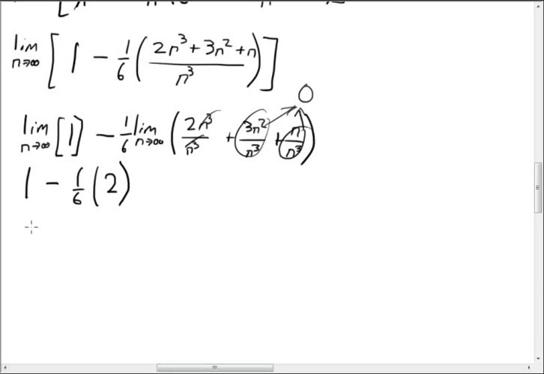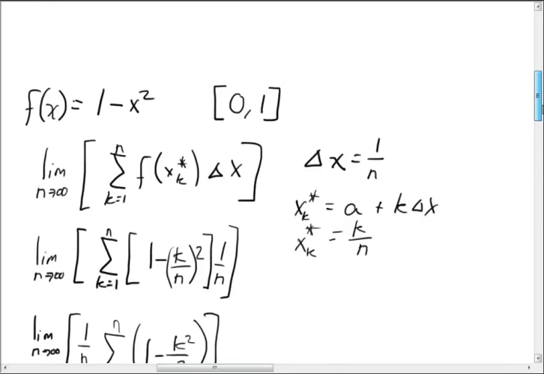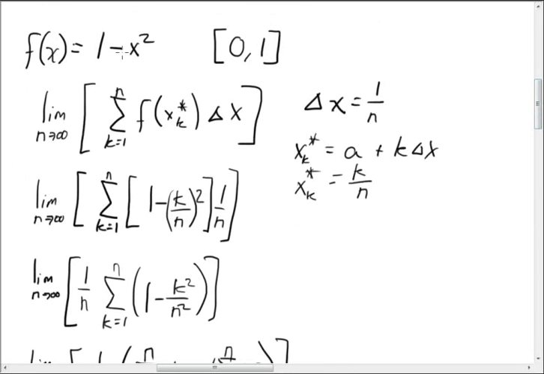And that goes to 1 minus 1/3, which is equal to 2/3. This is the limit of the Riemann sum of f of x equals 1 minus x squared from 0 to 1.